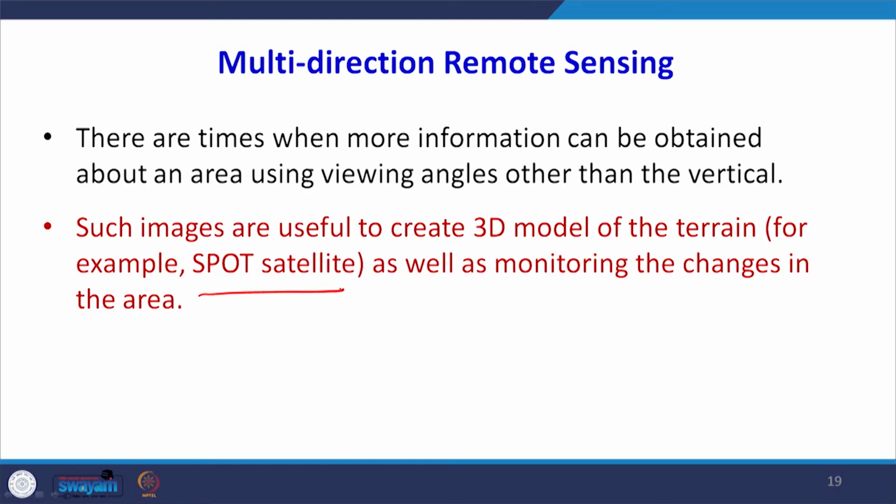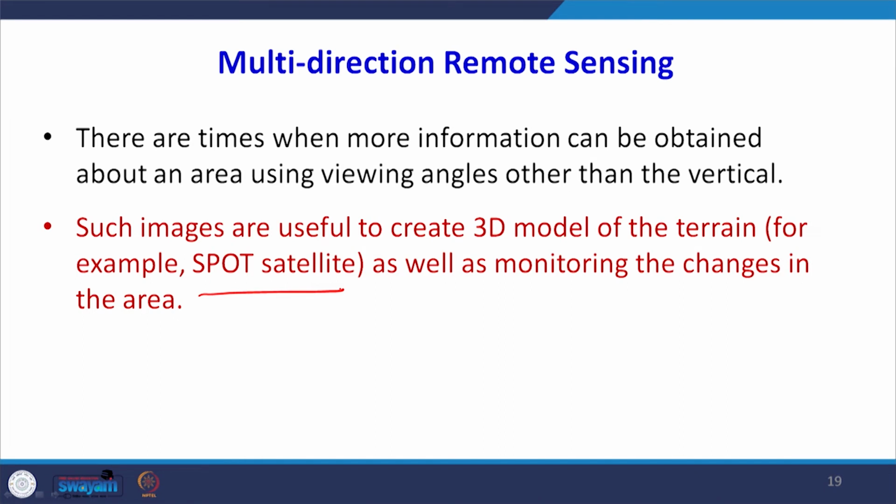Then multi-directional remote sensing data. Earlier we were collecting the data when the view angle is vertical, but nowadays there is a possibility that we can change the view angle from nadir by a certain degree, and the best example is SPOT, which has been followed later on by other satellites also. So we change the view angle.